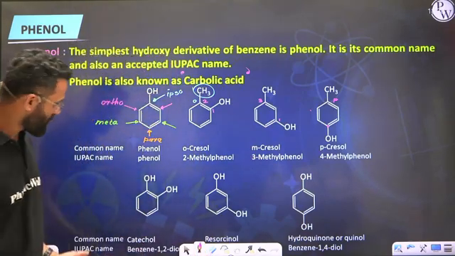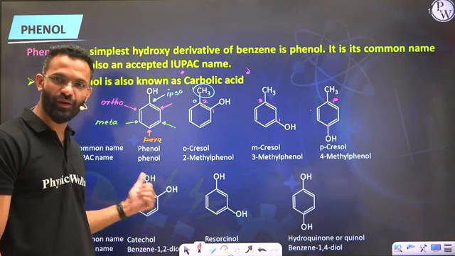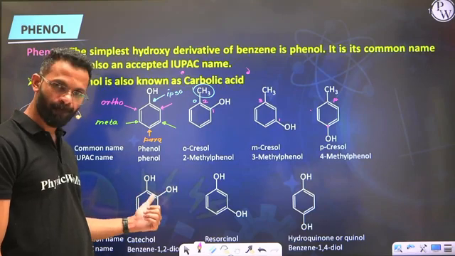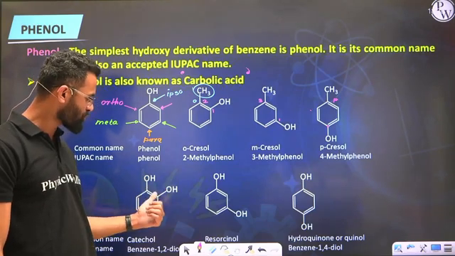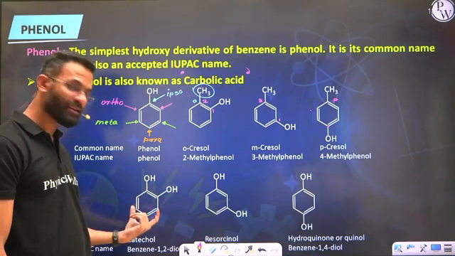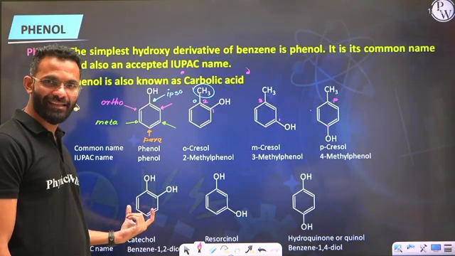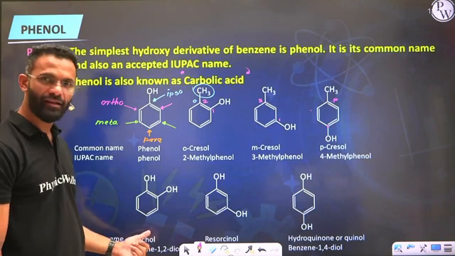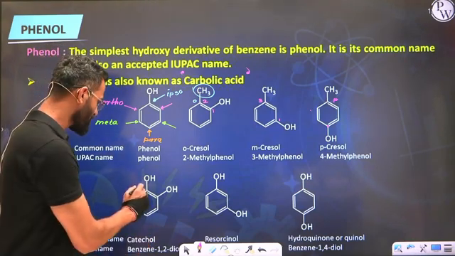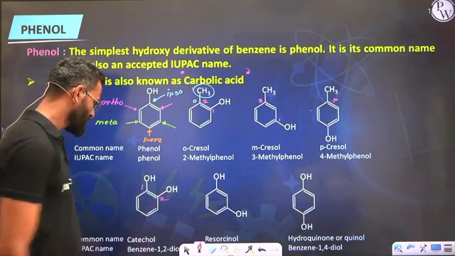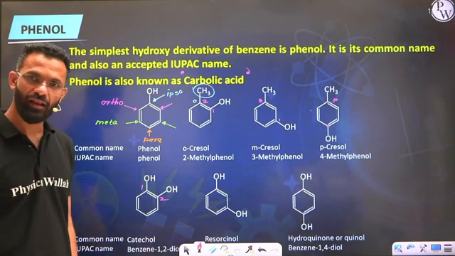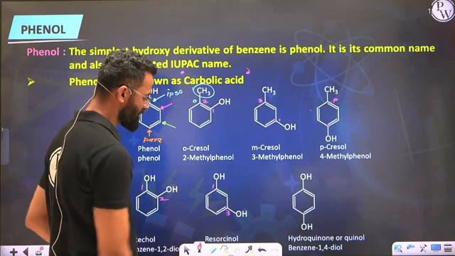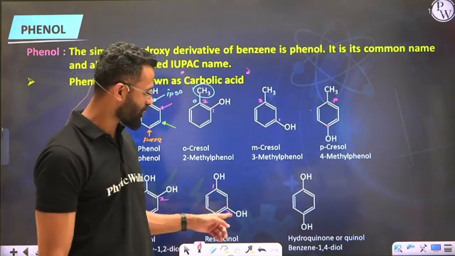Well, we have got some dihydric phenols as well. When two OHs are ortho to each other, directly connected to benzene, we can call this catechol. So you can see its common name is catechol. And according to IUPAC, benzene 1, 2 diol. When they are at the 1 and 3 positions to each other, benzene 1, 3 diol.